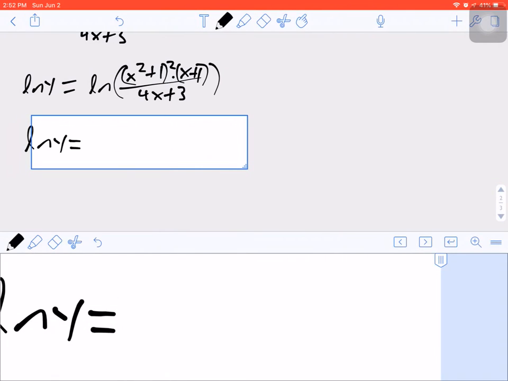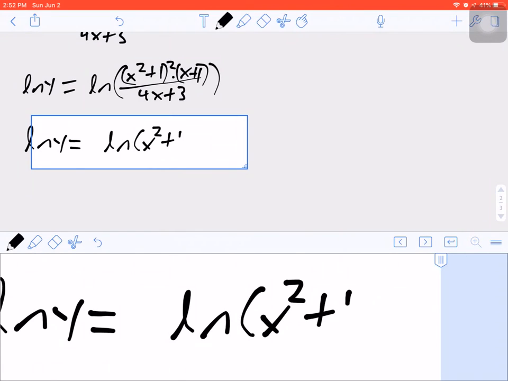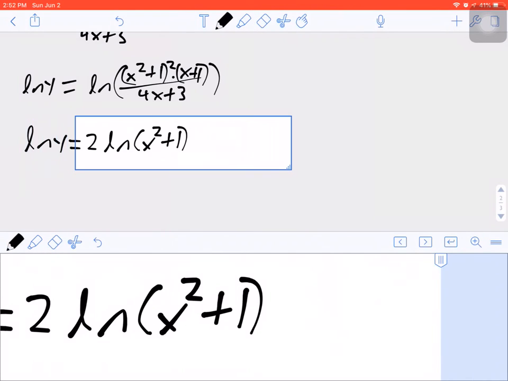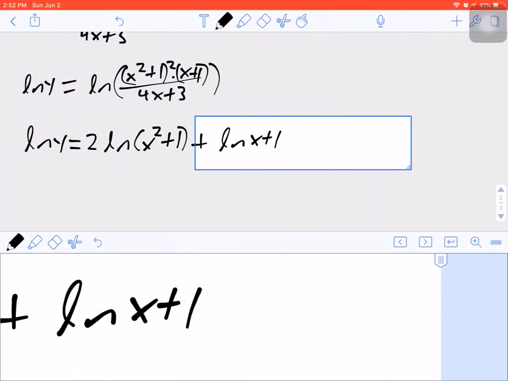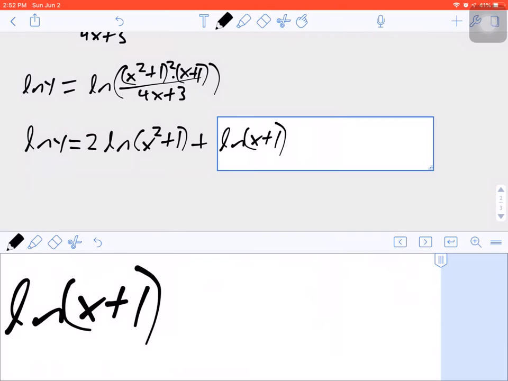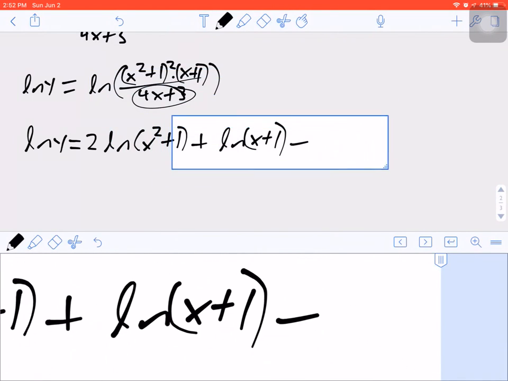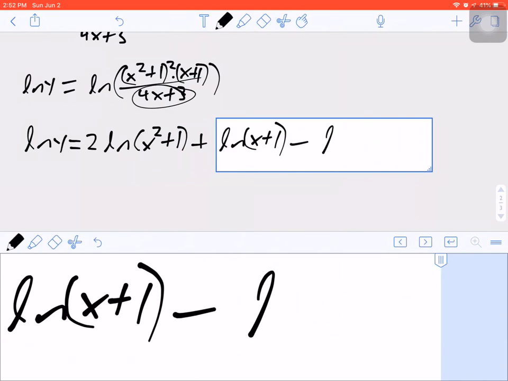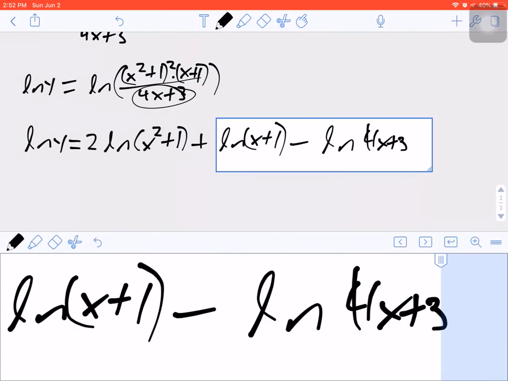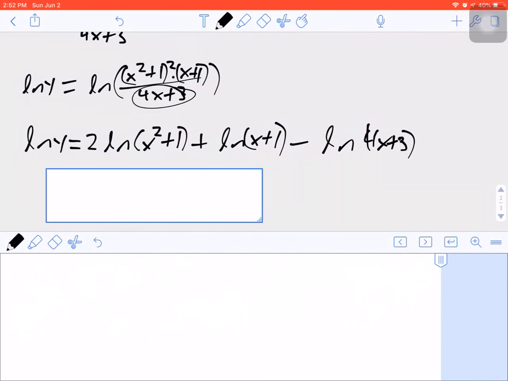So this is the same as ln of x squared plus 1, and instead of putting the 2 right here, I can bring the 2 down. And then we can add natural log of x plus 1. And then subtract, because the 4x plus 3 right here is on the bottom. So subtract ln of 4x plus 3, just using your classic logarithmic properties right there.